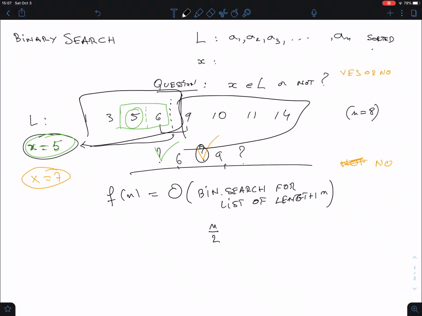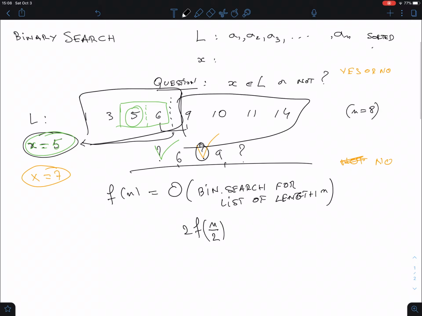You would say, is that not always the case? You will see, sometimes that's not even the case. But so we have two lists of that size. Now, what's the complexity of solving a list of this size? Well, that's just by definition f of that number. So this is the complexity of these smaller groups, but we have two of them, so we have to do it twice, and then we have to put it together, in the sense we're always going to have to compare with these two endpoints, right?